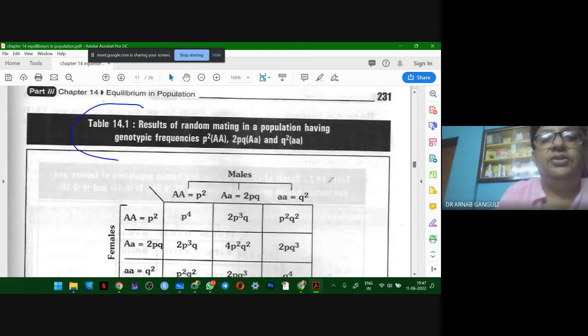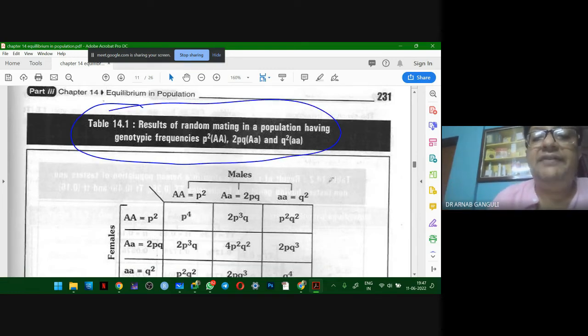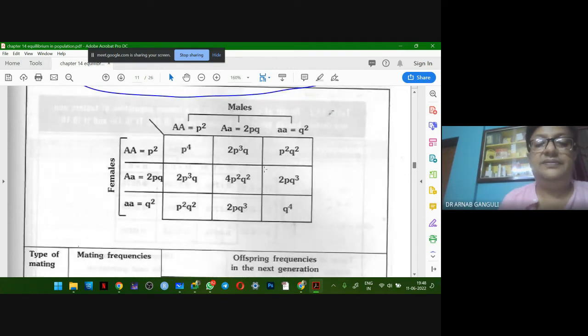Now, let us look at this table. Results of a random mating in a population having the genotypic frequencies which I have given. These are the males on the top: AA is equal to P square, Aa 2PQ, aa is equal to Q square.